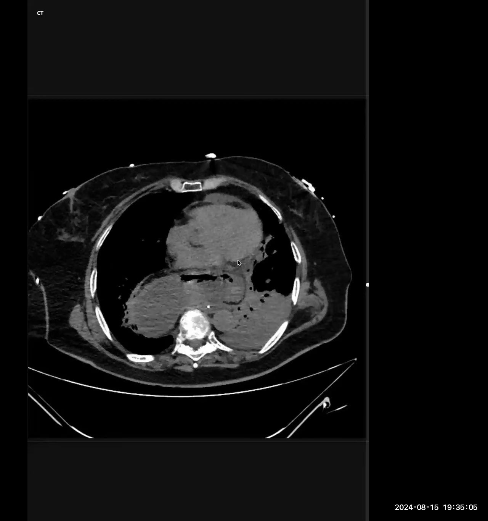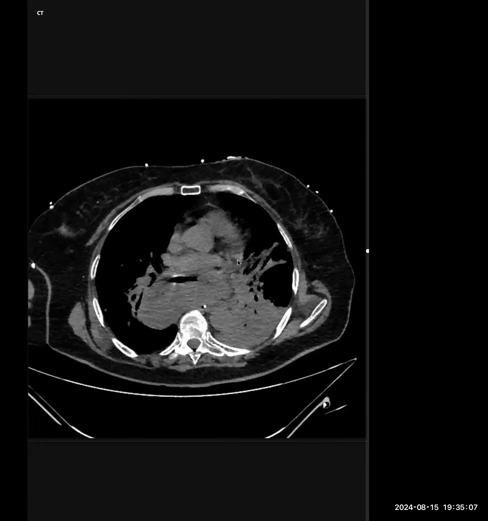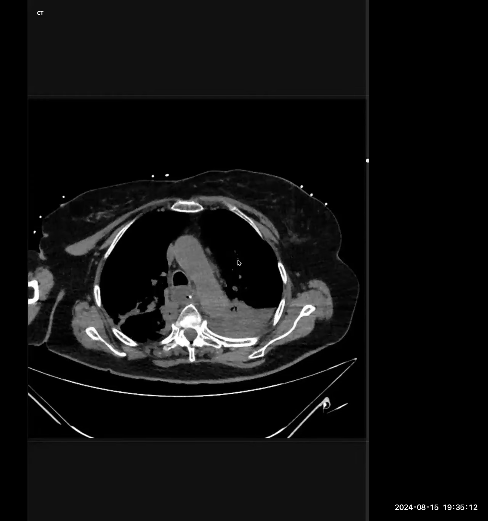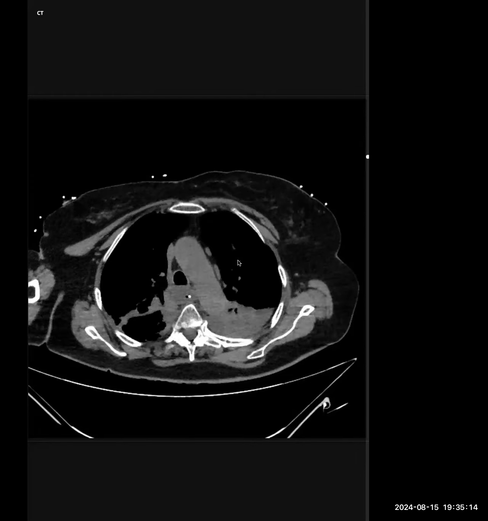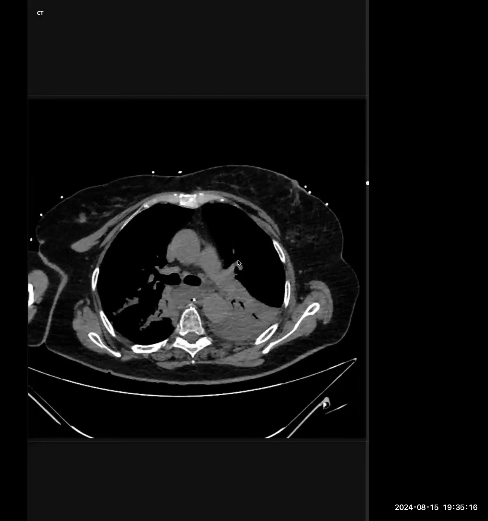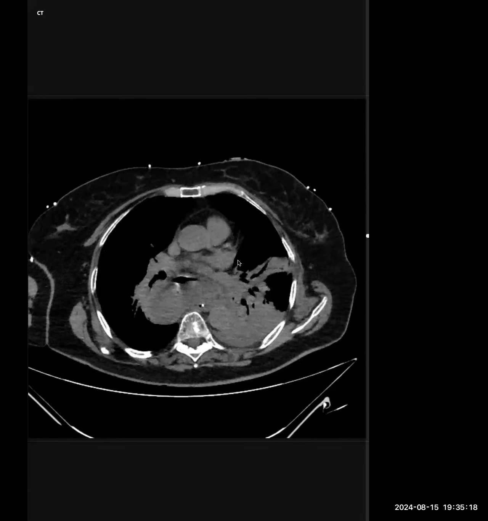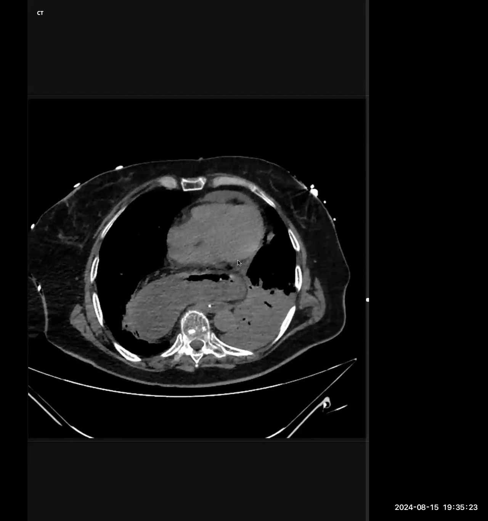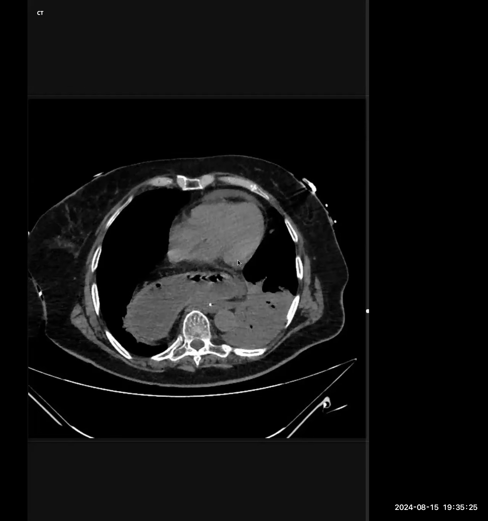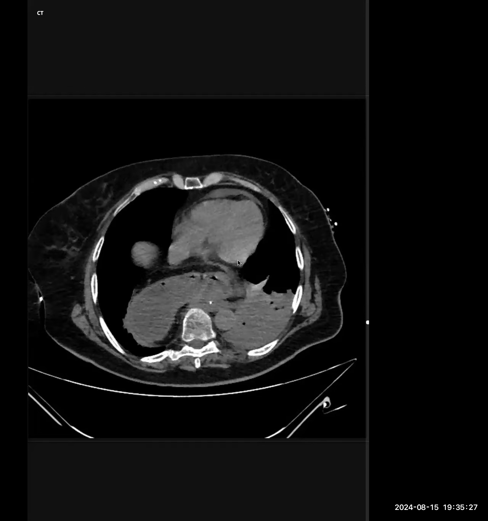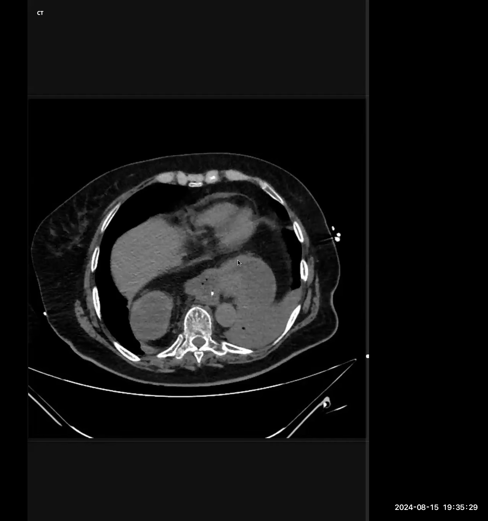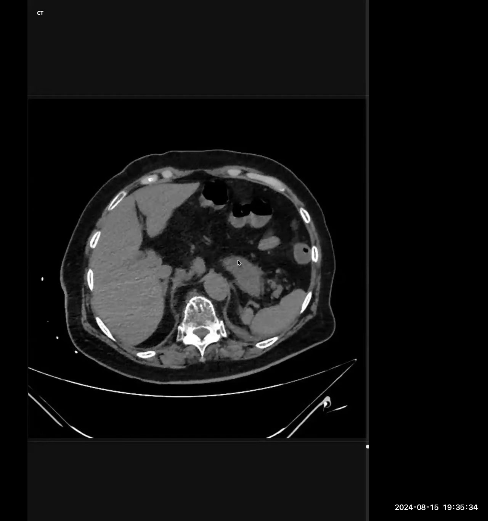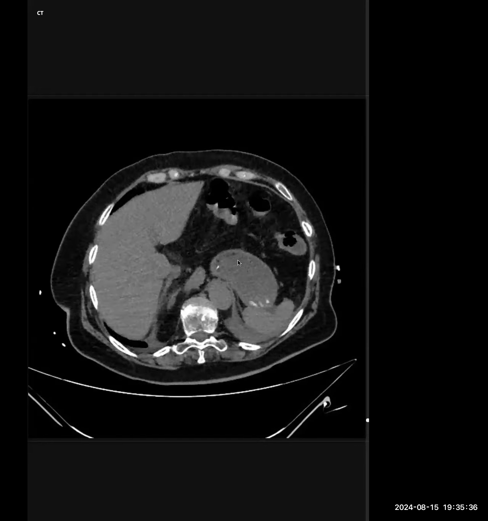The esophagus appears dilated, with a nasogastric tube within the esophagus and an endotracheal tube within the trachea. The esophagus appears dilated with air fluid level, grossly distended. There is a consolidation in the left lower lobe, and I'm just looking for the defect in the esophageal wall, which could suggest perforation.